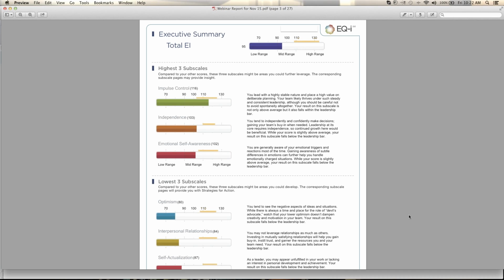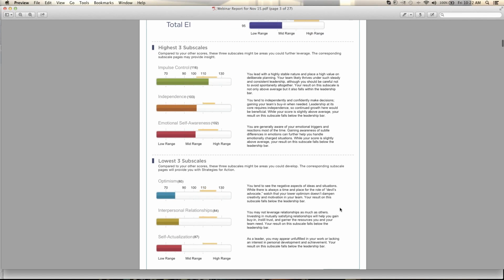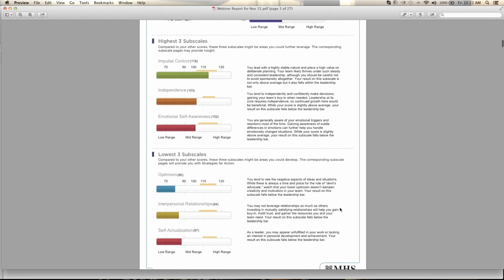My guess is, again, that they may say, you know what, that does resonate for me, and we'll take a look at some other competencies and how those interact as well, and see what may possibly be going on there. Okay, so in terms of some of the lower areas for this individual.